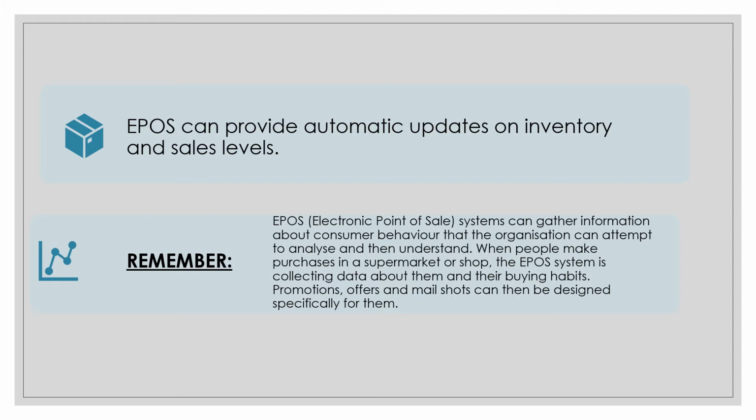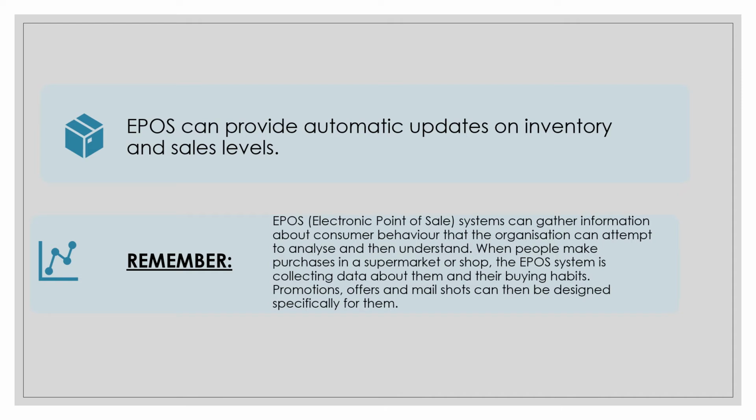Now remember, we looked at this back in the marketing topic. EPOS, or your electronic point of sale systems, can gather information about consumer behaviour that the organisation can attempt to analyse and then understand. When people make purchases in a supermarket or shop, the EPOS system is collecting data about them and their buying habits.